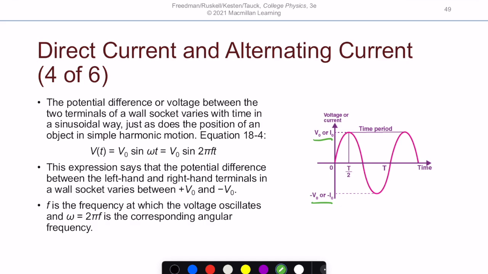And so let's recall how we describe sinusoidal functions. The amplitude of the function is this green line right here. The period is from peak to peak. And the period T is the inverse of the frequency. In other words, the frequency of the oscillation is 1 over the period.